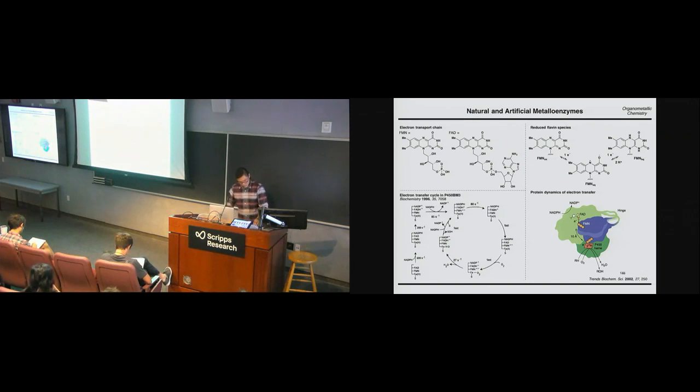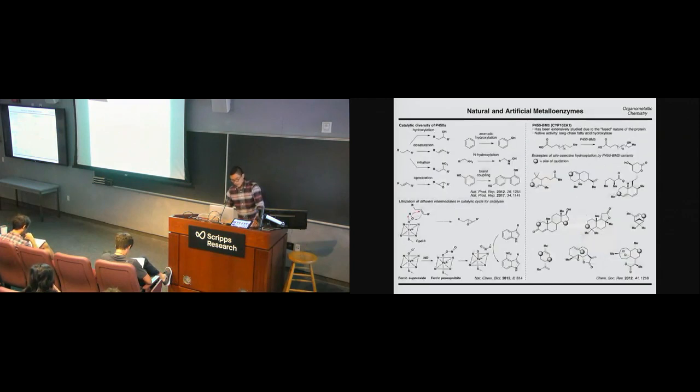Now we'll move on to the types of catalysis that can be performed by the P450s. They all belong to oxidative transformations, and this can range from your conventional hydroxylation reaction to desaturation. This would happen through formation of your cation followed by proton elimination. There is also one P450 that has been identified to catalyze hydration.